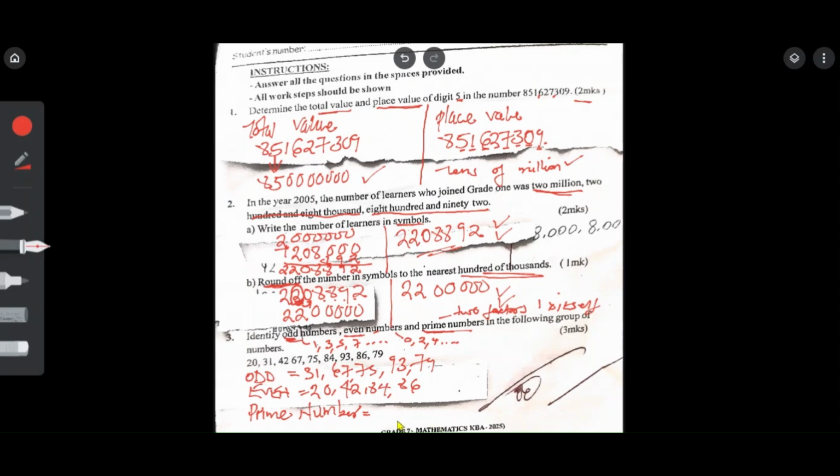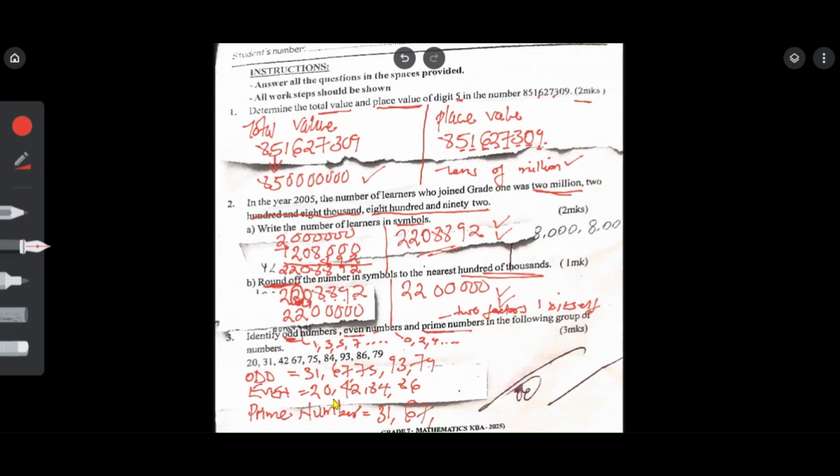There is no other way of getting 31 apart from multiplying 1 and itself. The second one, 42, no. You can see 2 multiplied by 21, so many ways you can get 42. 67, there is no other way apart from 1 multiplied by 67.